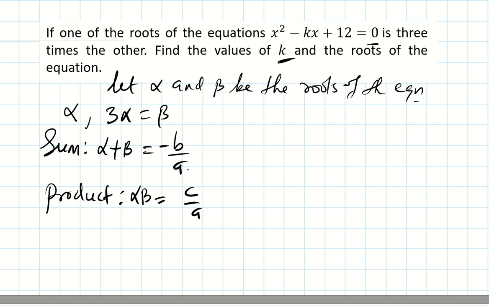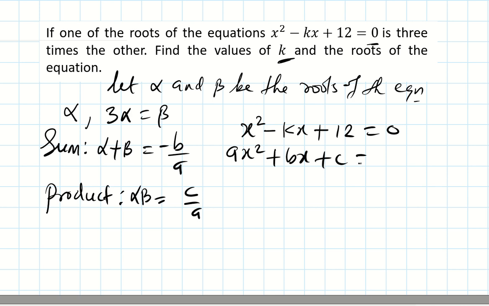But first, to get our a, b, c, we need to write down the quadratic equation, which is x squared minus kx plus 12 equals 0. Comparing this with the general quadratic equation, ax squared plus bx plus c equals 0, we have that a is 1, b is minus k, and c is 12.